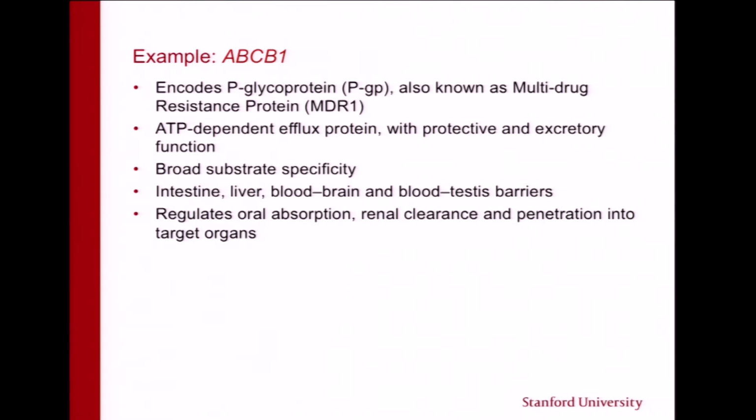And this protein has a very broad substrate specificity, which means it can affect response to many different types of drugs. And it is found throughout the body at some very crucial transition points from the bloodstream to organs, or from outside of the body inside the body.